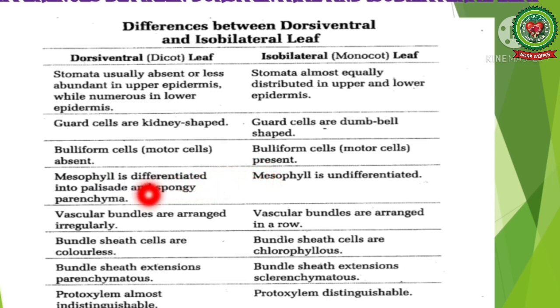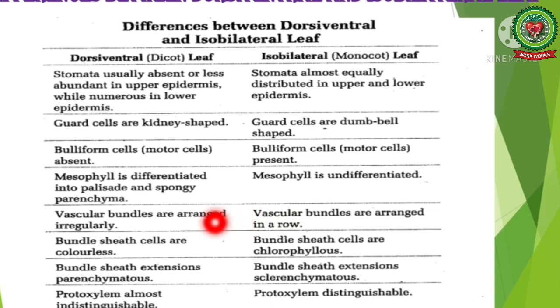Next, we will talk about mesophyll cells. Mesophyll is well differentiated into palisade and spongy parenchyma in a dicot leaf, but it is undifferentiated in an isobilateral leaf. Dorsiventral leaves have vascular bundles which are arranged irregularly, but they are arranged in rows in an isobilateral leaf.